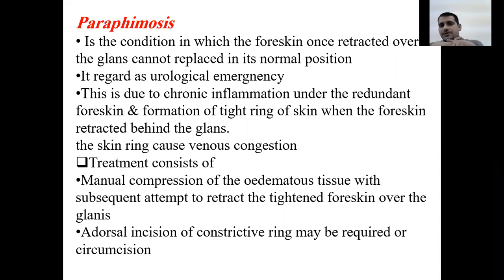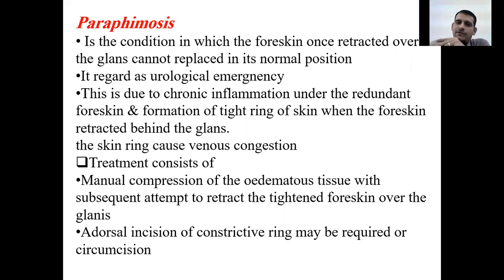This is due to chronic inflammation under the redundant foreskin and formation of a tight ring of skin when the foreskin is retracted behind the glans. The skin ring causes venous congestion.